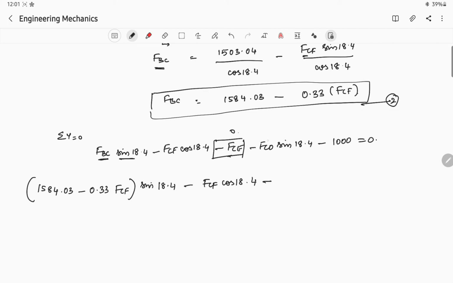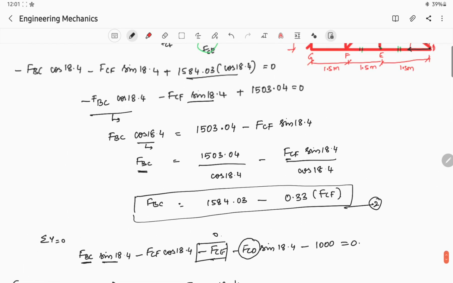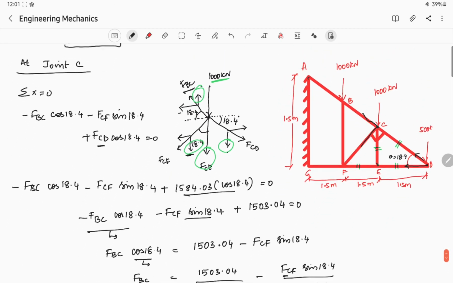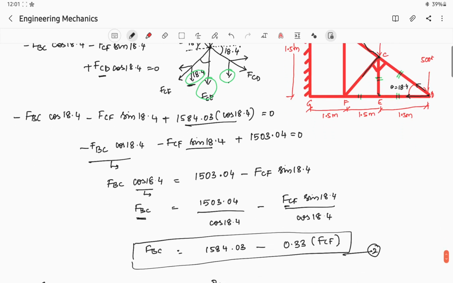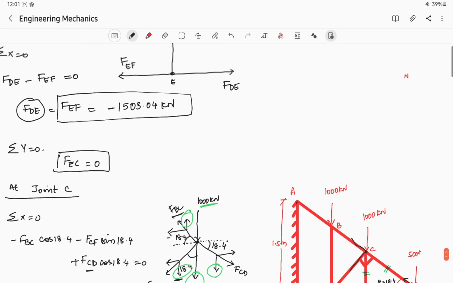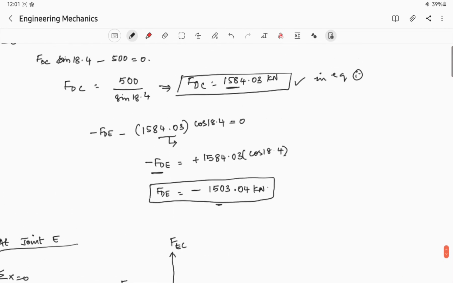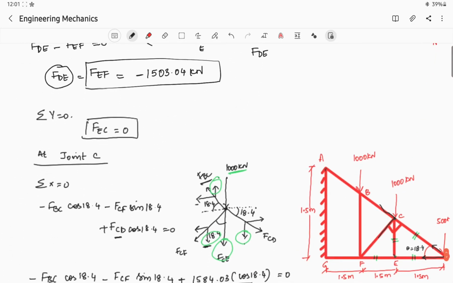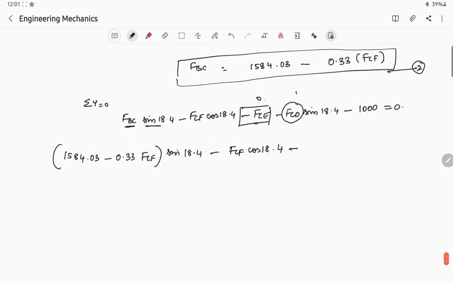Force in member CD we have calculated, 1584.03. So 1584.03, force in member CD, into sin 18.4 minus 1000 is equal to 0.